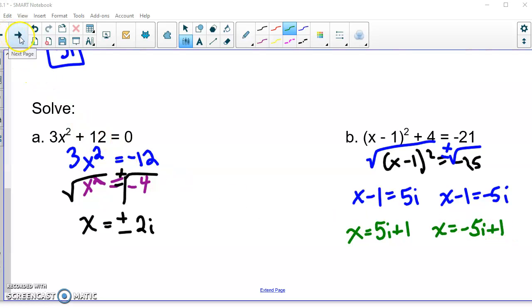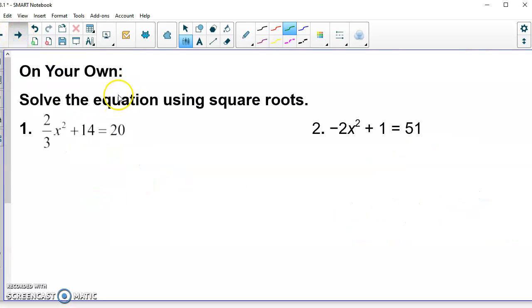All right, your turn. Here are two equations I would like you to try to solve. 2/3 x squared plus 14 equals 20, and negative 2x squared plus 1 equals 51. Once you solved these two, please continue this video, and I have my steps and the correct answers following.